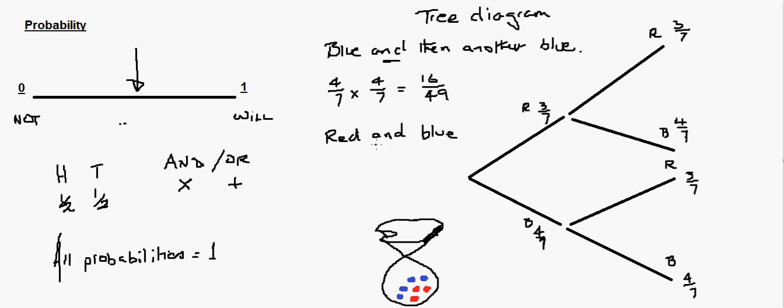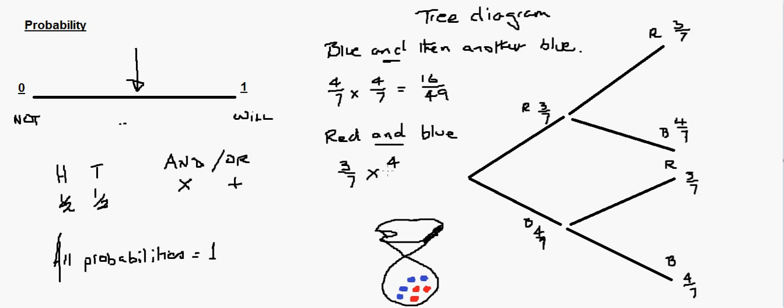So we have and in the question, which means we multiply. So the probability of pulling a red, so on our first go, a red would be 3/7. And we know we're going to multiply. So a red and a blue. Like I say, this is just the route map. So the blue would be 4/7.